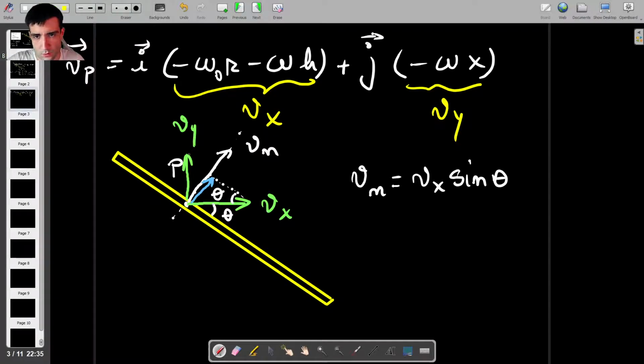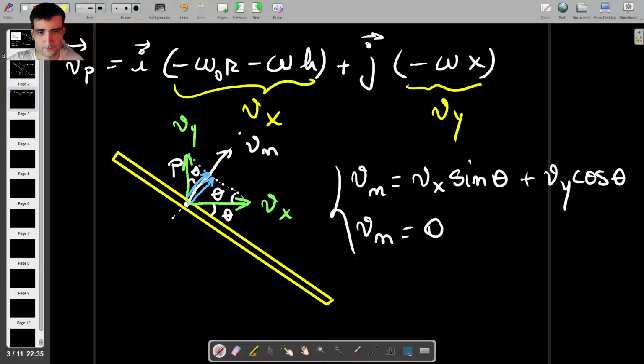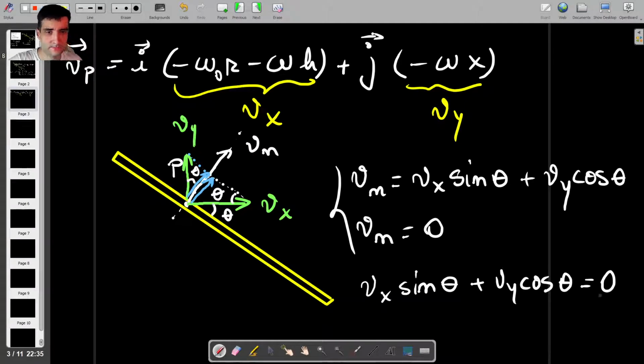And then Vy has a component in the normal direction. And you can actually see that this angle is also theta. So that's going to be plus Vy cosine of theta. Okay? And this is also equal to 0. So what this gives us is Vx sine theta plus Vy cos theta is equal to 0.